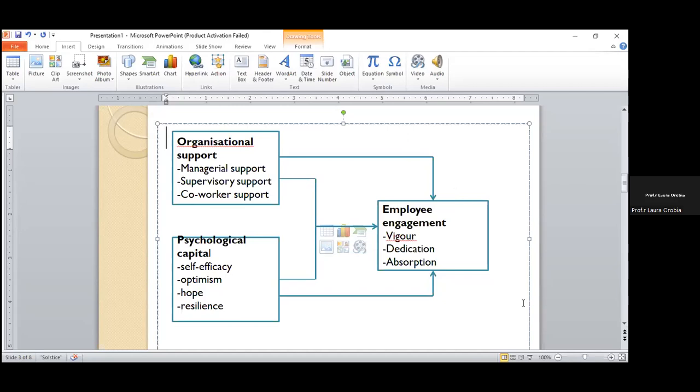So this is how you would display it. Remember, we said a conceptual framework is a diagrammatic presentation of the relationship between our variables. So once I see such a model, I would also expect to see the research objectives emanating from this.